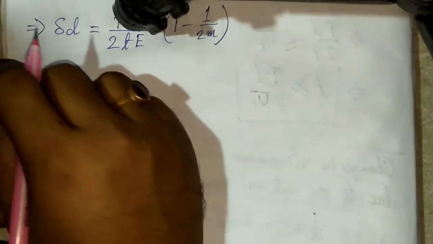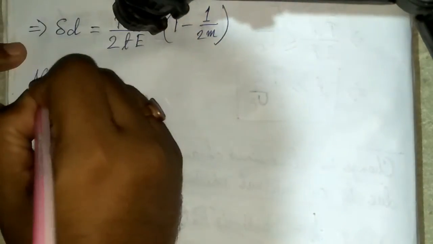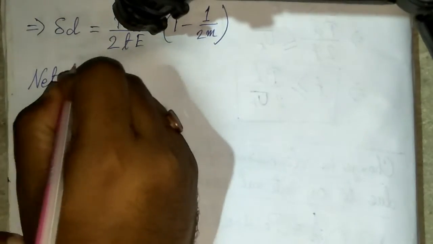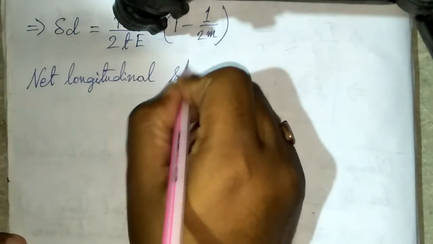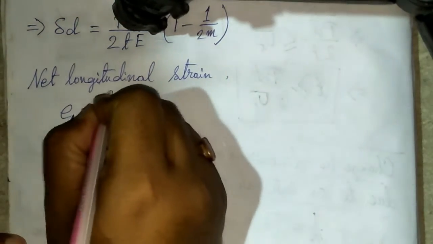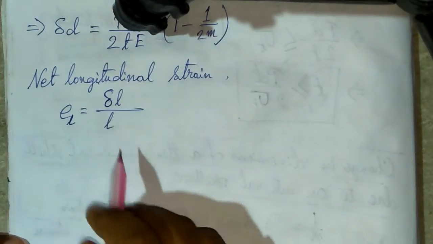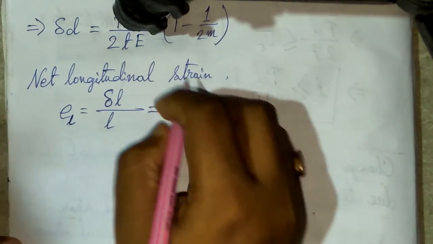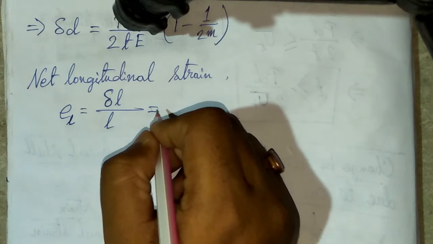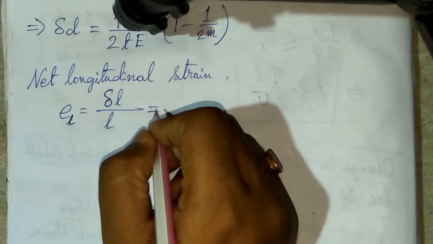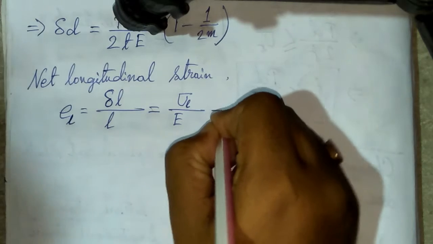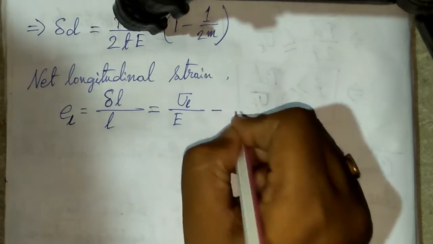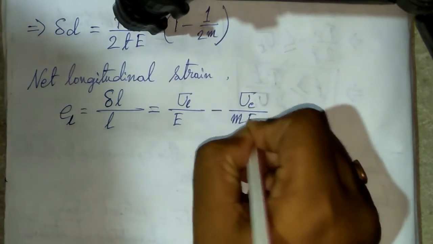Now let's find the net longitudinal strain. The net longitudinal strain, e suffix L, is equal to the change in length by actual length, delta L by L. It is the direct strain due to sigma L and the lateral strain due to the direct stress sigma c by E. So the value becomes sigma L by E minus the lateral strain due to sigma c, which is sigma c by mE.